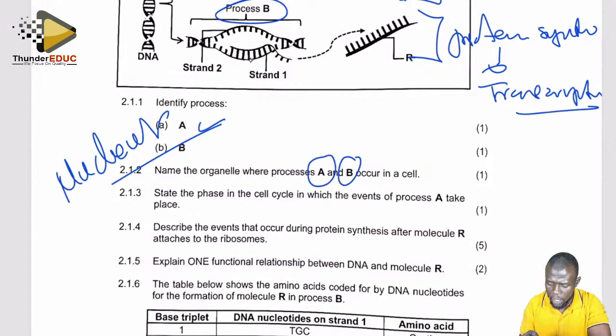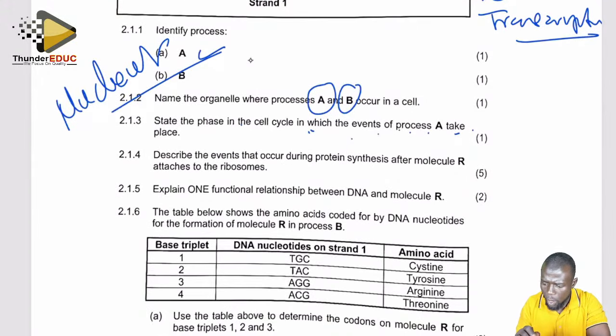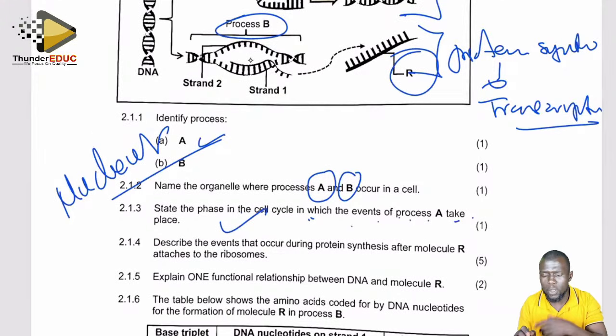State the phase in the cell cycle in which event A takes place. We say that it occurs during interphase. So, done with that. Describe the event that occurs during protein synthesis after R molecule attaches to the ribosome. If R is a messenger RNA, they're asking you to describe the process of translation.